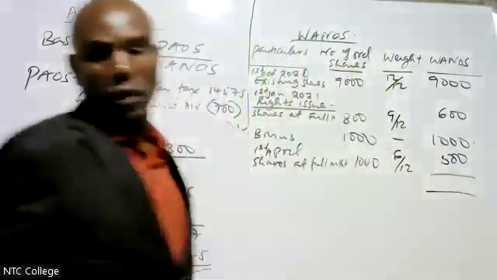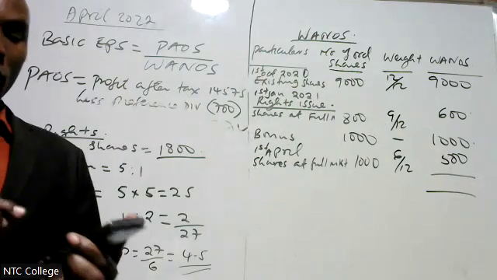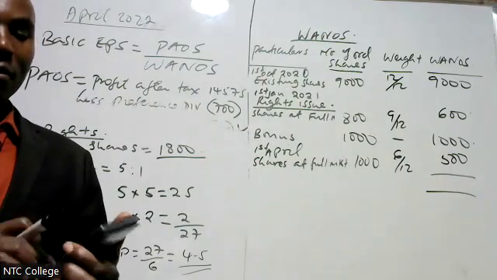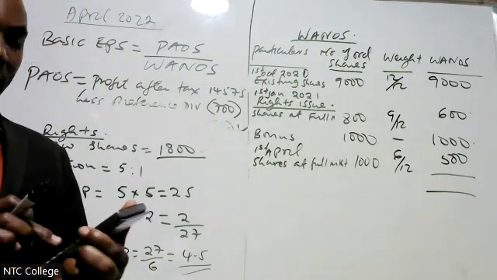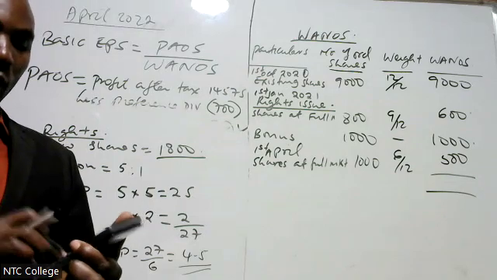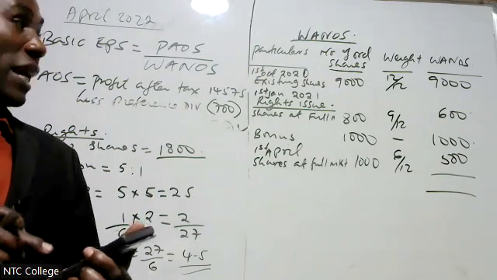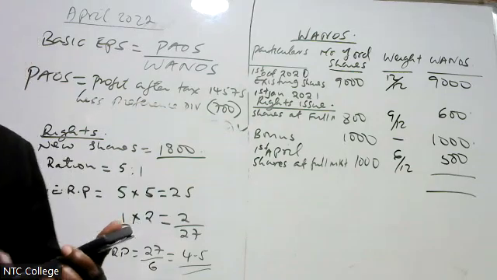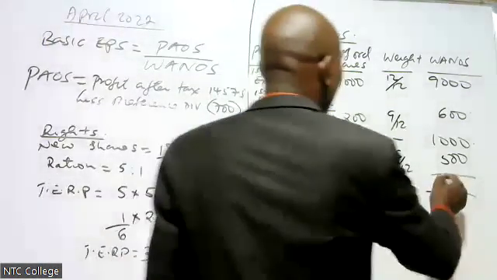We get our one-offs, total one-offs. I add 9,000 plus 600 plus 1,000 plus 500.